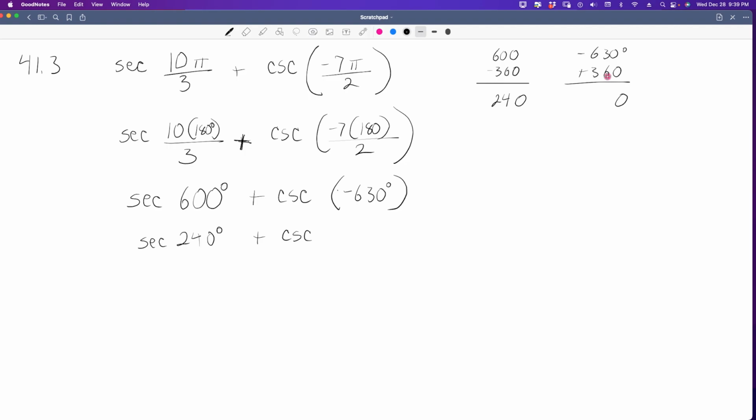So that's going to be 270. Is it right? Yeah, 270. So it's a negative 270 degrees. So this one, negative 270 right there.